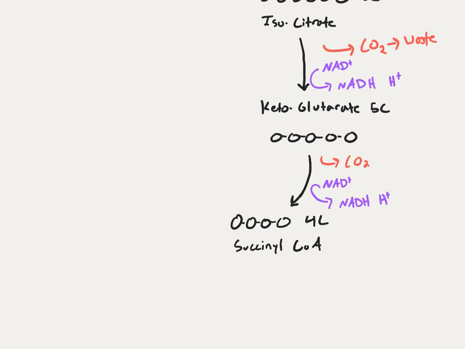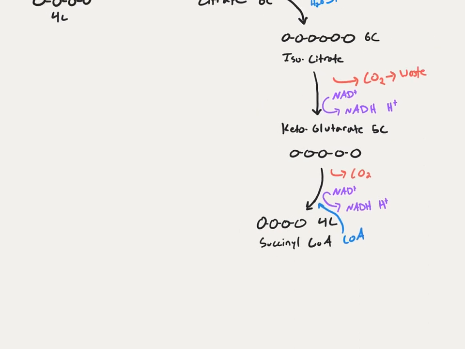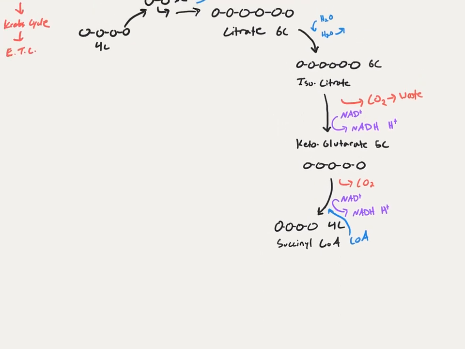And we've picked up a CoA from within the matrix. In the conversion of the ketoglutarate to the succinyl CoA, the CoA gets attached to what becomes the succinyl.